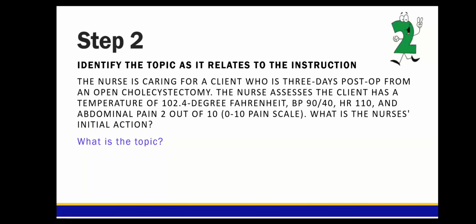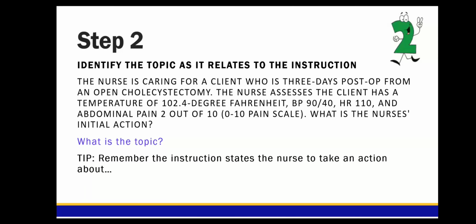Okay, not too horrible after 3 days post-op, but it is abnormal, isn't it? So they're asking you to take an action about the assessment, right? So let's take a look at step number 3. Remember, the instruction says the nurse is taking an action about. So this is what it is.